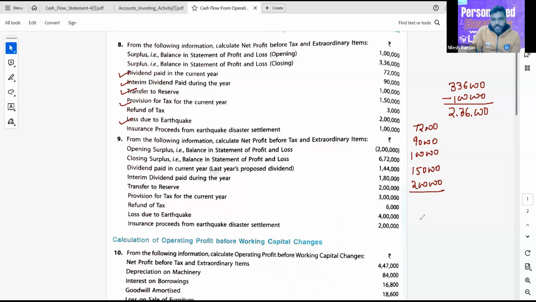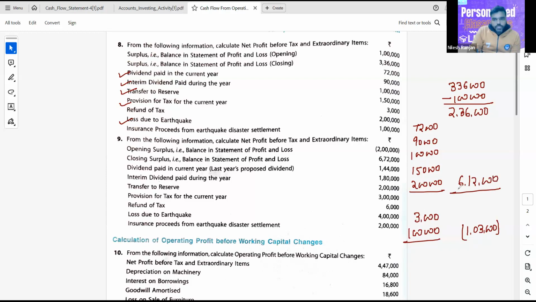Now, refund of tax is 3,000, and it is 1 lakh. So 1,03,000 will be deducted, and all these items will be added here. So 2 lakh, 1, 3, 4, 4,50,000, 540, 6 lakh, 12,000.